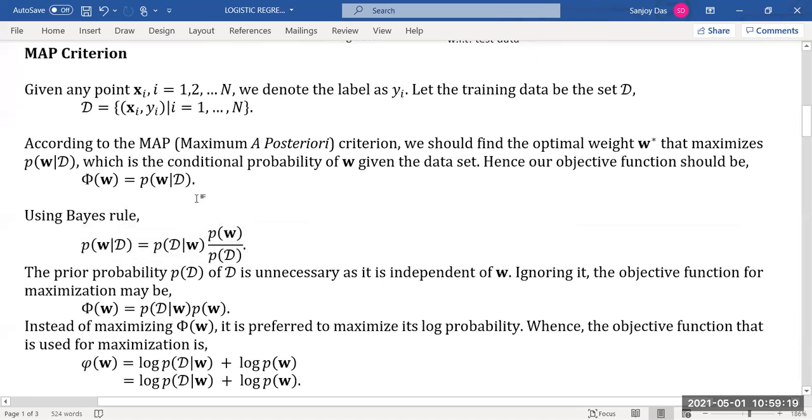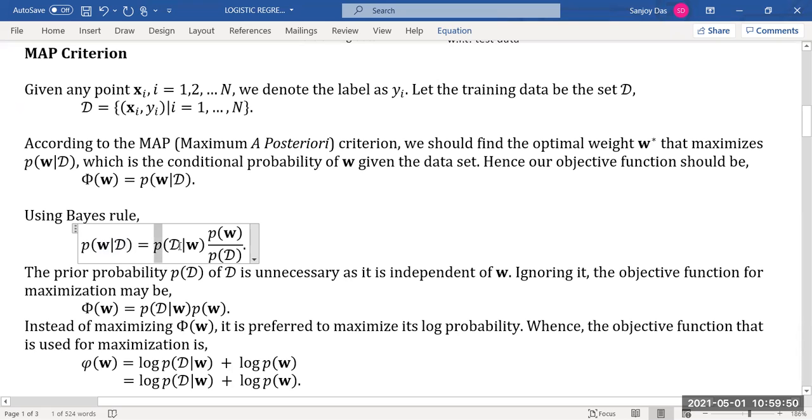Okay, but let's apply Bayes' rule. From Bayes' rule, the conditional probability of W given D is equal to the conditional probability of D given W times probability of W divided by probability of D. Now, this is the probability of the weight given the data.